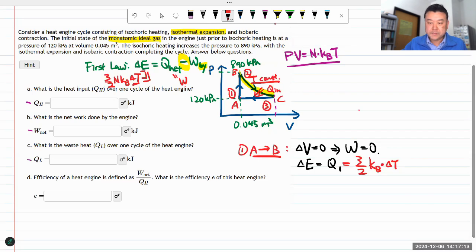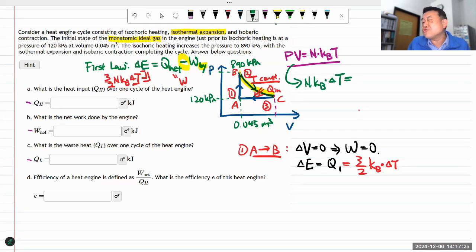Let me express it in terms of change of temperature. So expressing it that way, I would say N kB times the change of temperature. And to be perfectly correct every single time, I would have to say change of P times V.